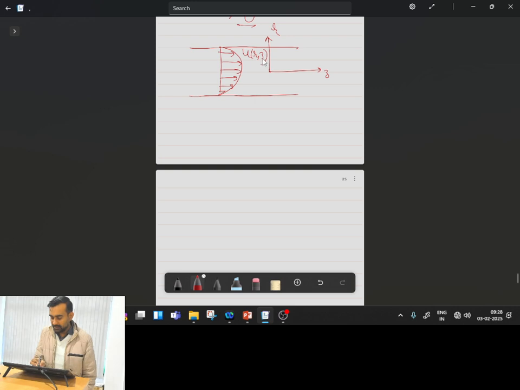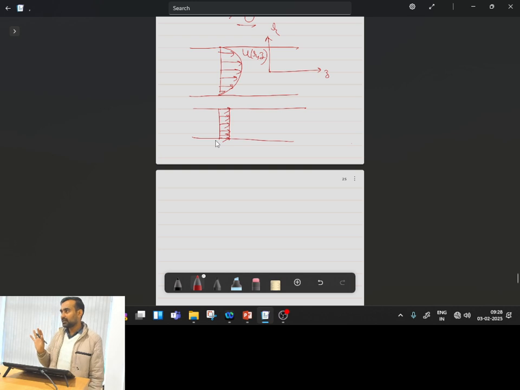Is this point clear? Now, at the same location, I can also define some velocity which is an average representative of this velocity profile. All are clear about this point?